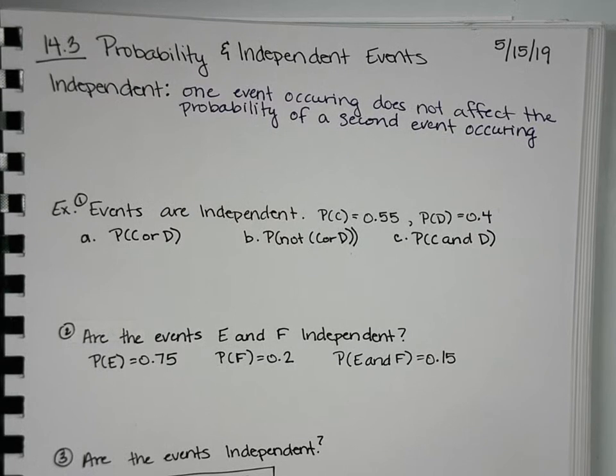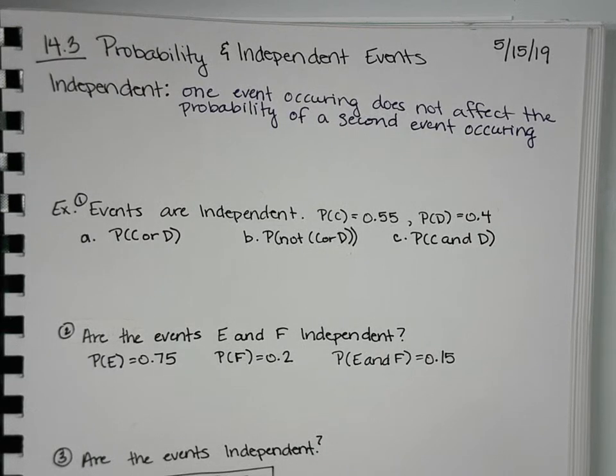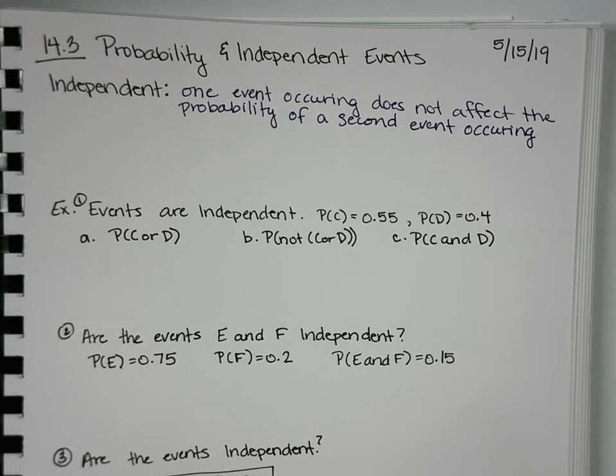So you might wonder, well, isn't that all the time? Like, how do events affect each other? The best example that I can come up with is a deck of cards. Okay? How many cards are in a deck? 52. So if I were to draw a card, what's the probability I get an ace of spades? 1 out of 52.